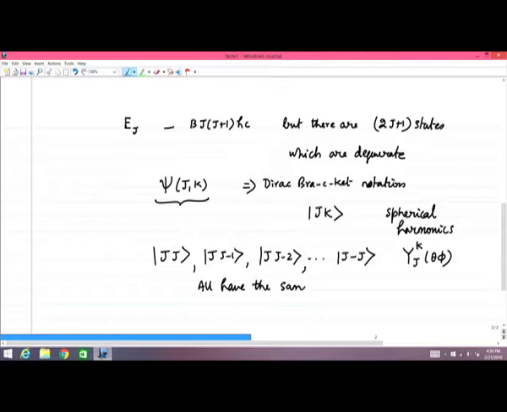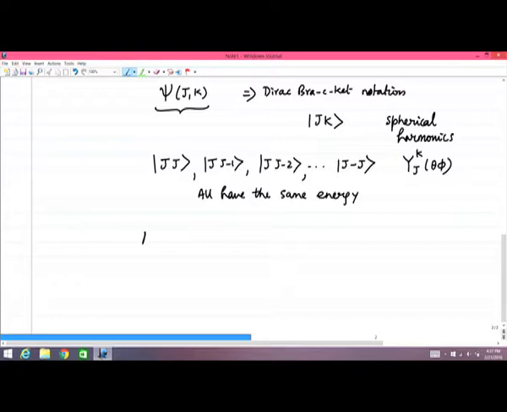In the absence of any external field or in the absence of any other considerations like moments of inertia being different and so on, for a diatomic molecule the two moments of inertia are equal, the third moment of inertia is 0. Therefore, we have all the energy levels for a given j being degenerate. Therefore, what does this tell you?